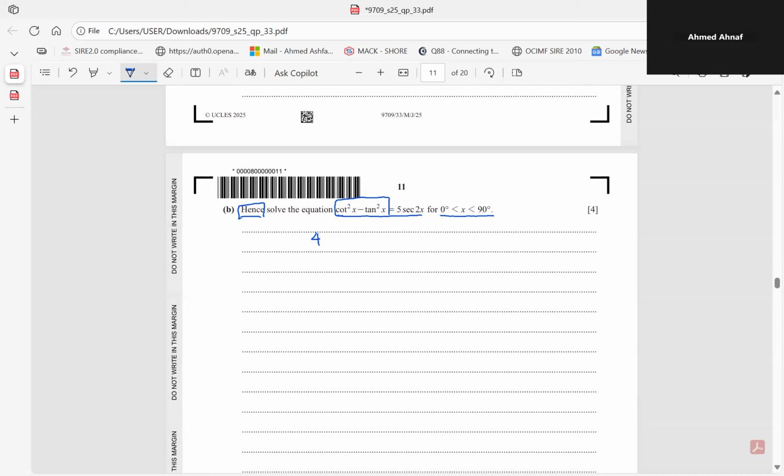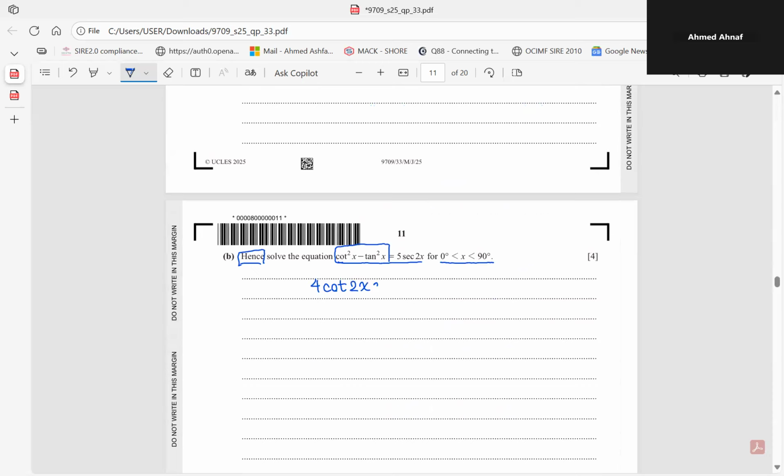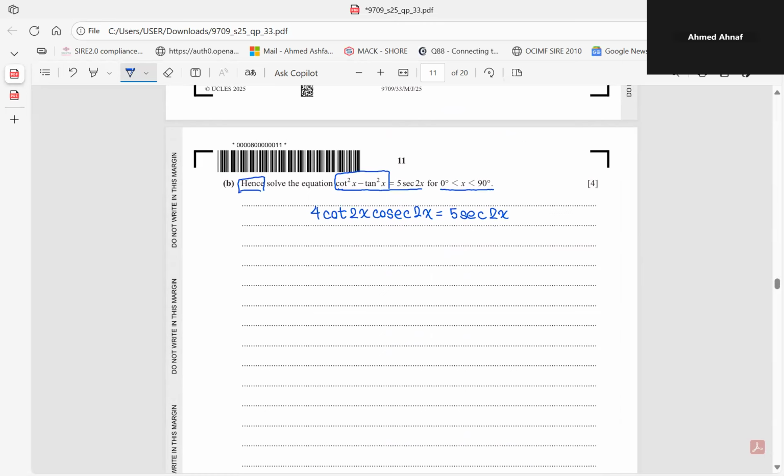So for cotangent 2x times cosecant 2x equals 5 secant 2x. Okay, so what I like to do is to express this in terms of cosines and sines.